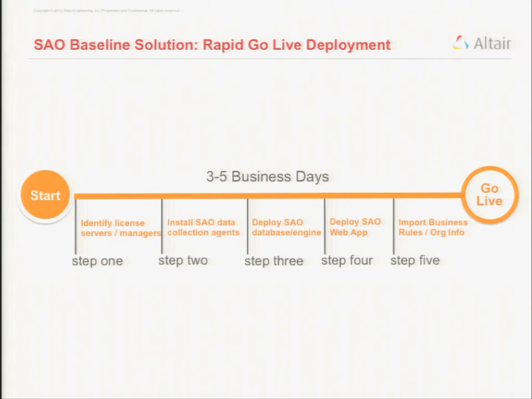The whole thing comes in a box, and all we say is, we'll give you this, you administer it, you install the agents, and within about 3 to 5 business days you can have the whole thing running. You just identify license servers, install the data collection engine, and deploy the database on the engine. Many times we have noticed the blockage is identifying the right people, who are not available when you go on site. So right now, we give the entire packet to you.